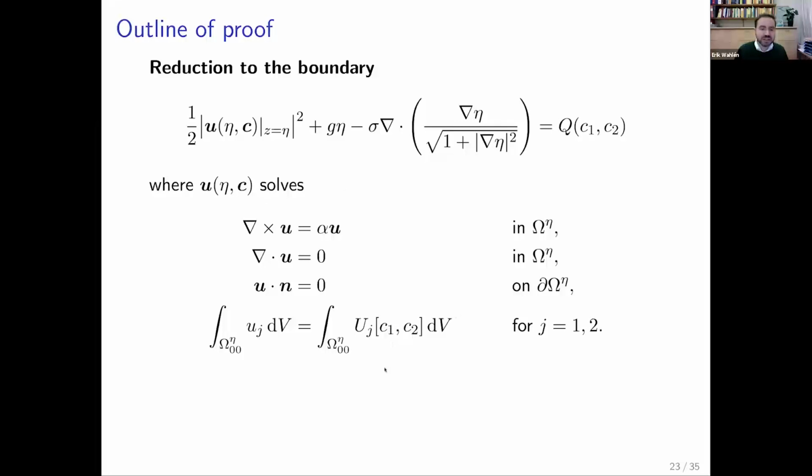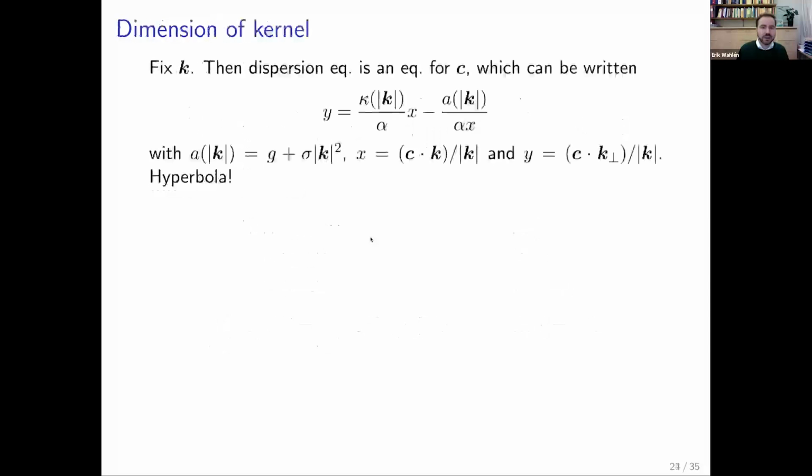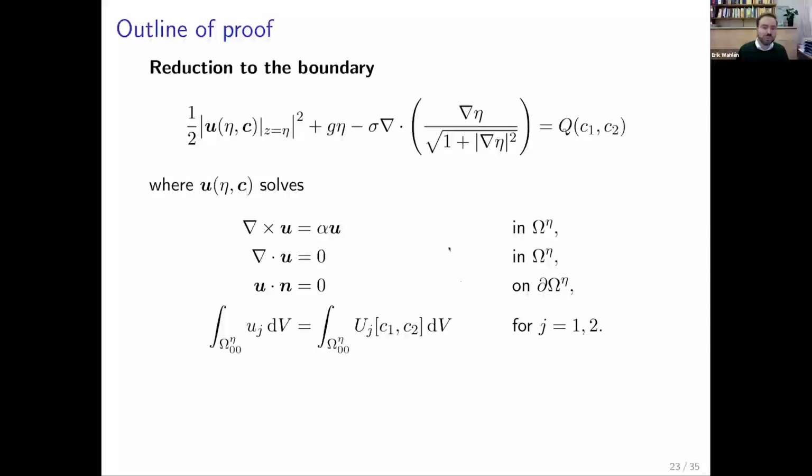So here we essentially have something like an eigenvalue problem for the curl operator. And so we first solve this, and we study this problem by flattening the domain. And so using that, you can study the dependence of U on the surface eta, etc. So under the conditions I showed you on the previous slide, one can solve this problem.